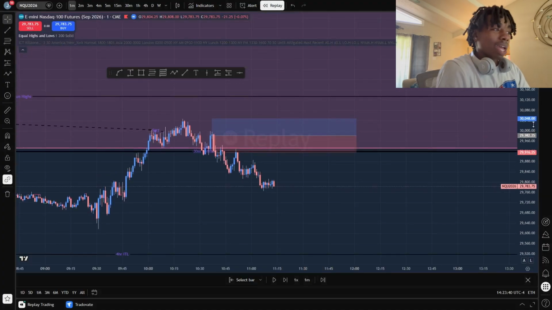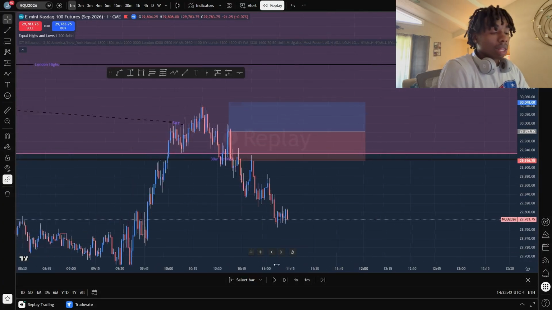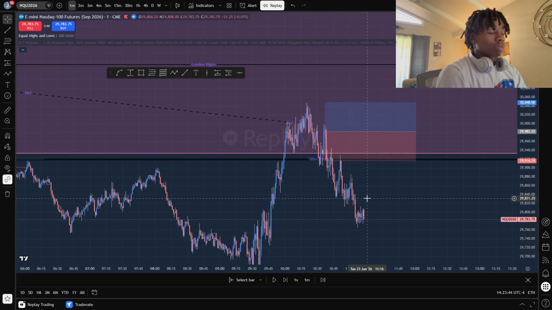The long had decent reasoning, but still. I'm not that mad about this loss, to be honest, because I feel like I had good reasoning, and I saw a lot of people take this trade. I saw PB Patty ended his win streak taking the same trade, so I'm really not that upset about this loss.